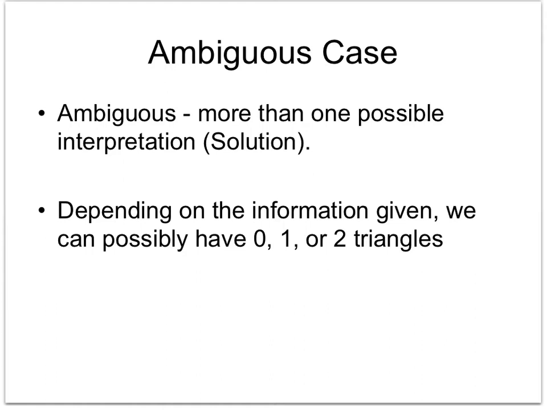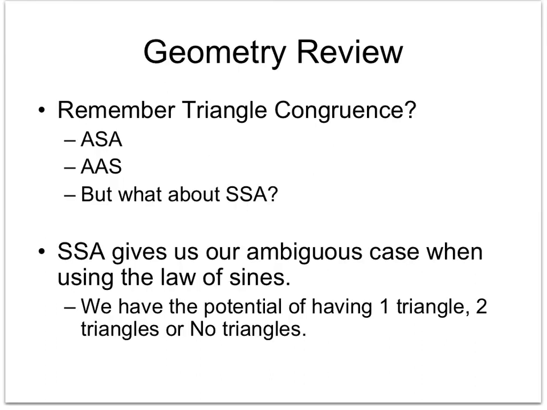two triangles. Okay, so here is a little bit of geometry review. We have our triangle congruence theorems. We have angle, side, angle, angle, angle, side. But we also have this theorem, side, side, angle, sometimes referred to as the donkey theorem.